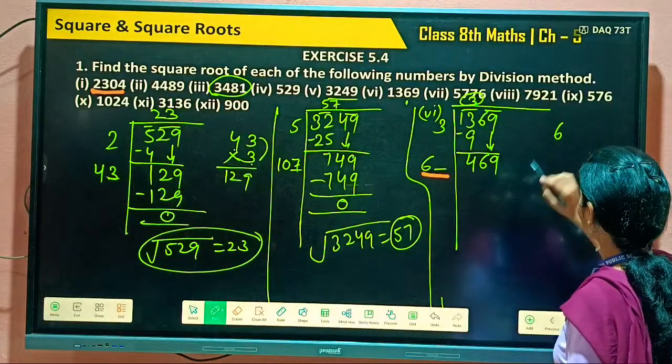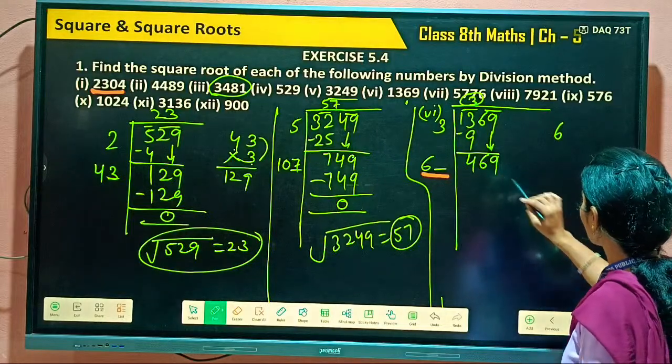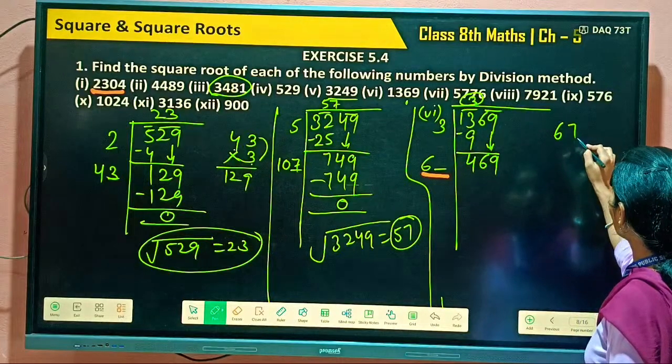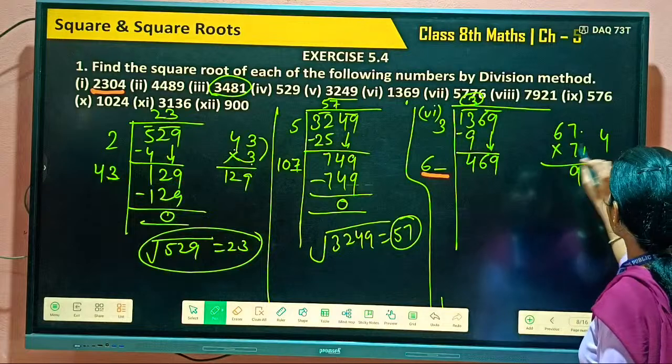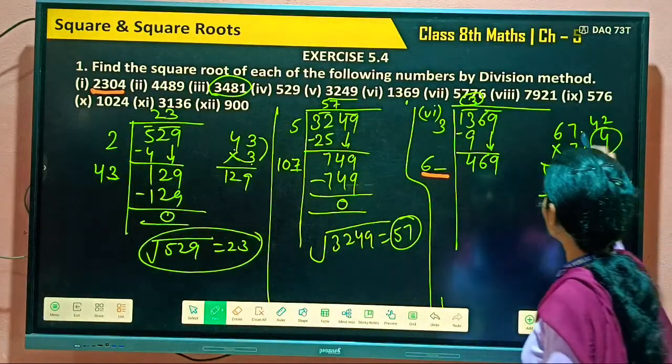Let us think about it. 3 threes are 9, then the number is larger than that. So let us think 7. 7 sevens are 49, then 7 6s are 42, 42 and 4 is 46.